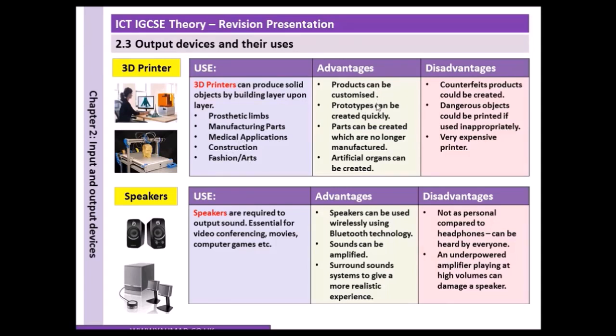So products can be customized, prototypes can be created quickly, parts can be created which are no longer manufactured, artificial organs can be created as well. Disadvantage is counterfeit products could be created, dangerous objects could be printed if used inappropriately, and it is very expensive to purchase, and the printing materials are also very expensive.